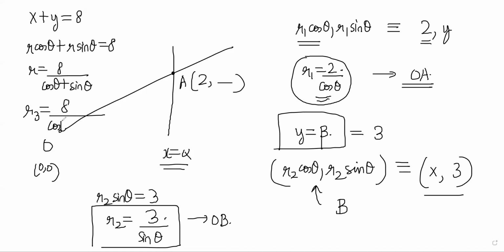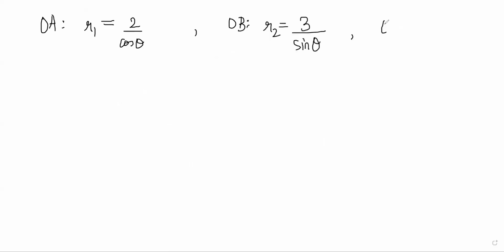R3 is 8 by cos theta plus sin theta. So finally what I have gotten is OA, which is R1, equal to 2 by cos theta. OB, which is R2, is equal to 3 by sin theta. And OC is equal to 8 by sin theta plus cos theta. And that is my R3, right?